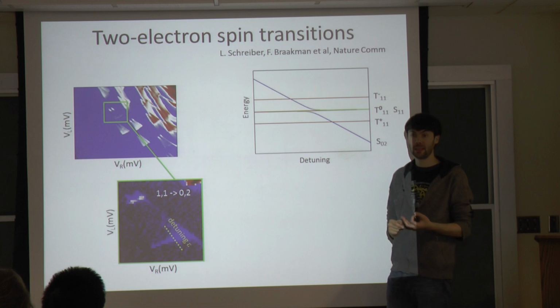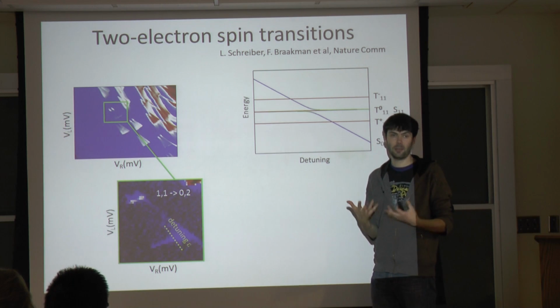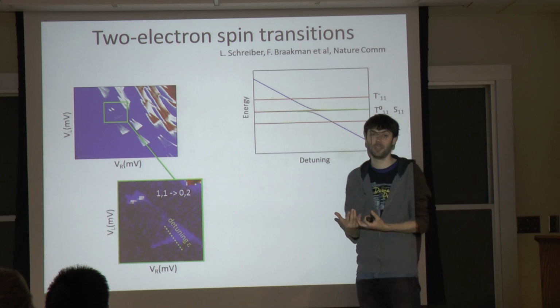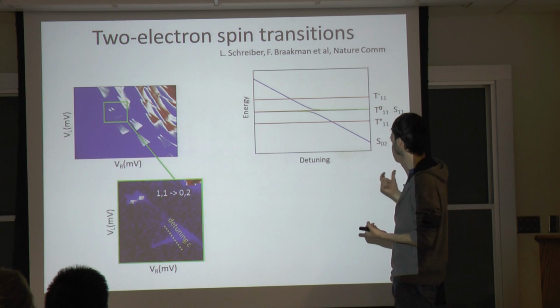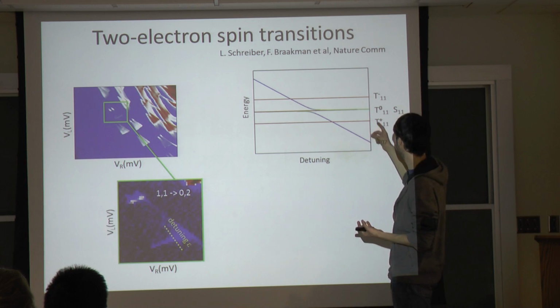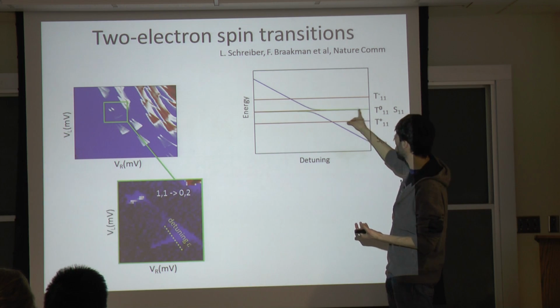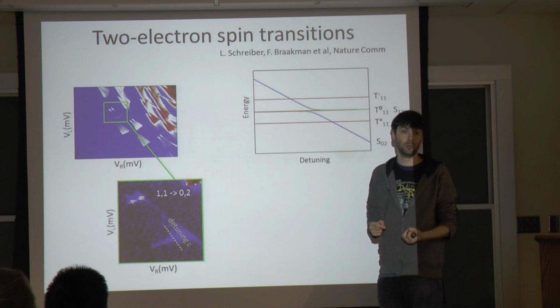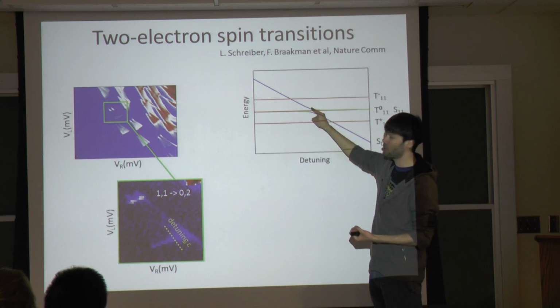If we apply magnetic field, they change. The way they change is, again, very simple, with Zeeman rules. Now, of course, singlets don't change. They remain the same. So the green line here is a singlet 1,1, and the blue line is a singlet 02. And you have an anti-crossing between them.